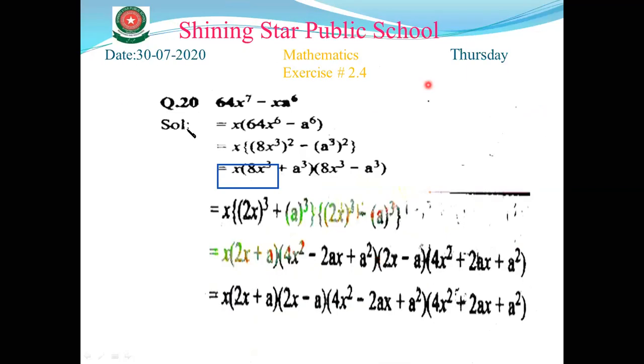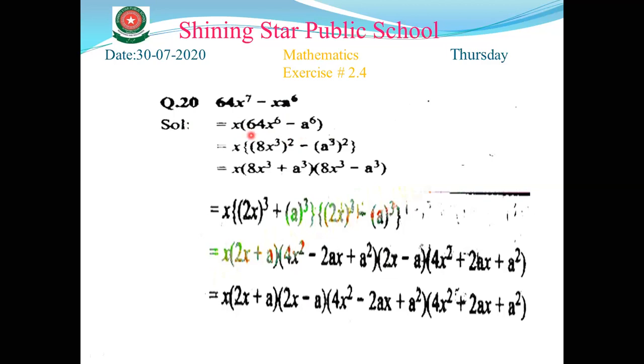Now let's start question number 20. 64x power 7 minus x a power 6. First of all, from these two terms, we take the common x. So we get x times 64x power 6 minus a power 6.